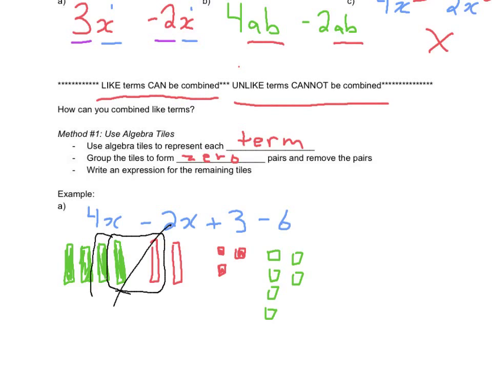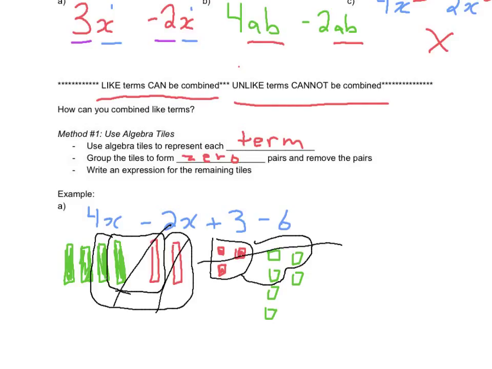I'll draw the same thing around this one. That's going to cancel out. I have 3 positive ones here. I'm going to cancel those out with 3 negative ones. Those are 0 pairs. If you have an equal number of positive and negative, they cancel off to equal 0. That's what we mean by 0 pairs. We remove those. We cancel them off.